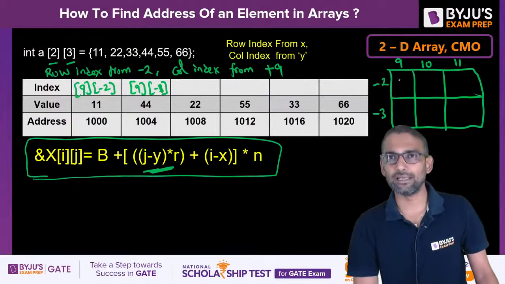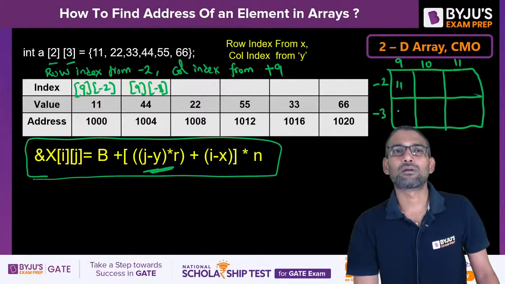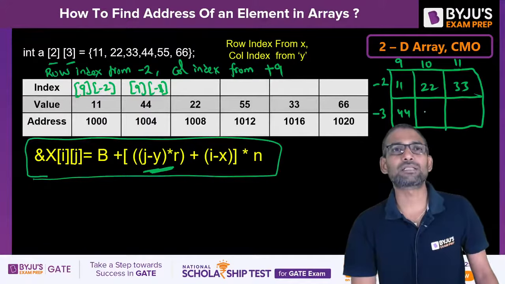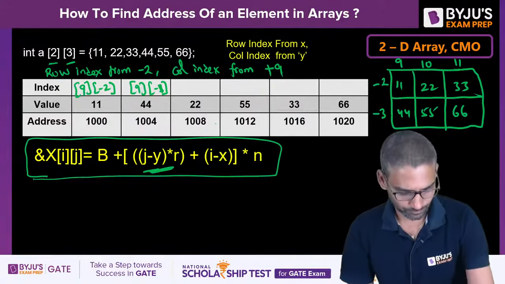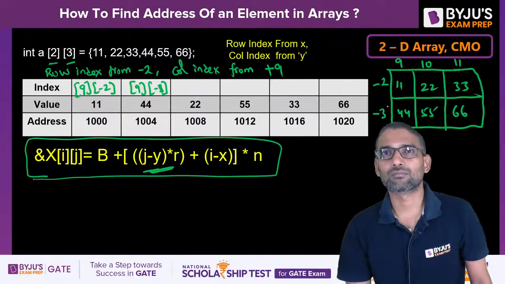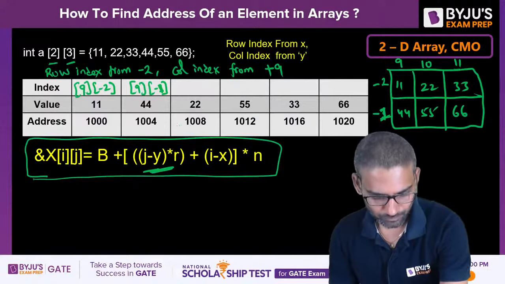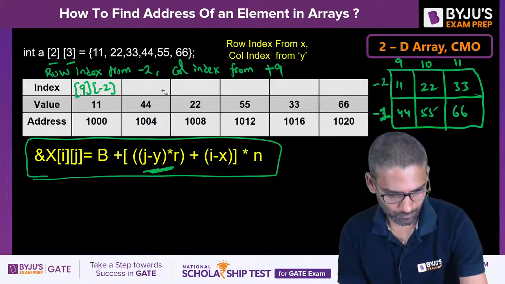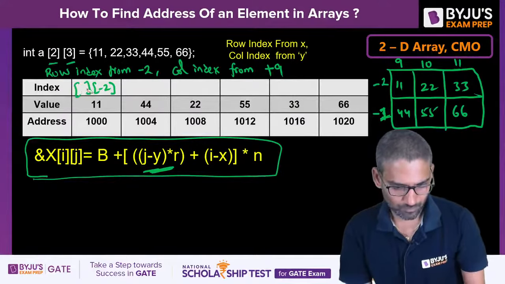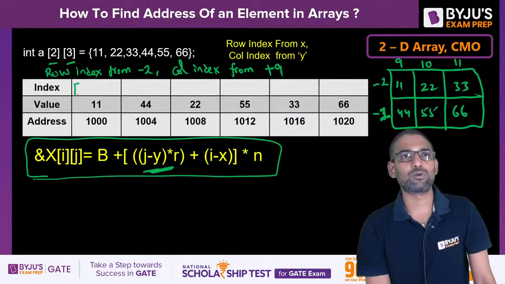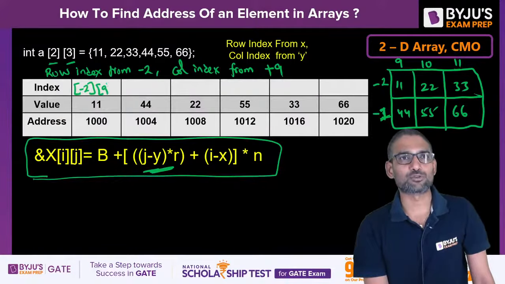So -2, 9, -1, 9. Oh, I have written in reverse, sorry. Row index started from -2 and the column index started from 9. So -2, 9 and -1, 9.